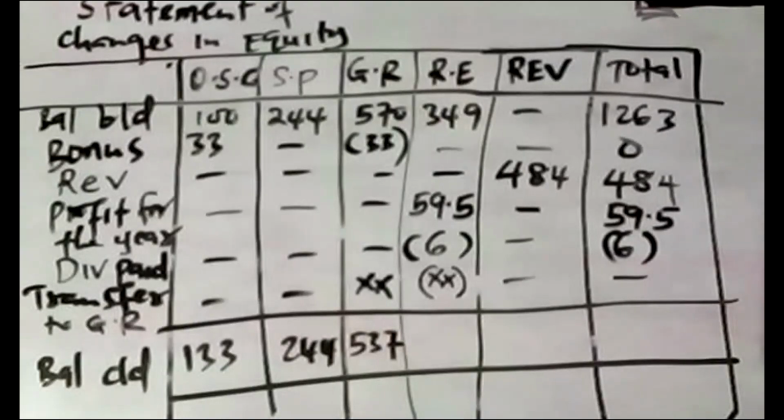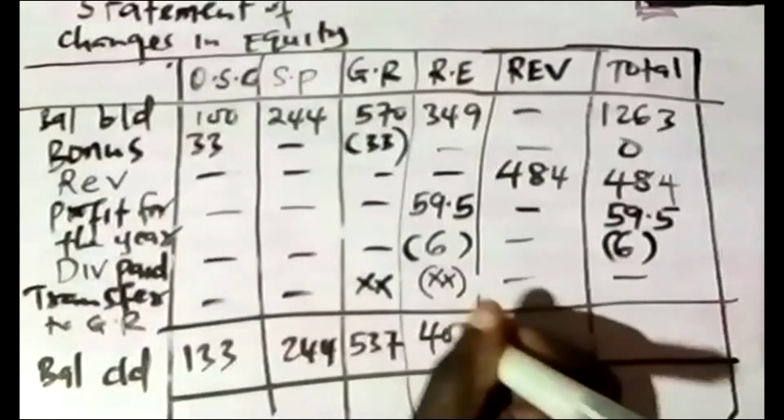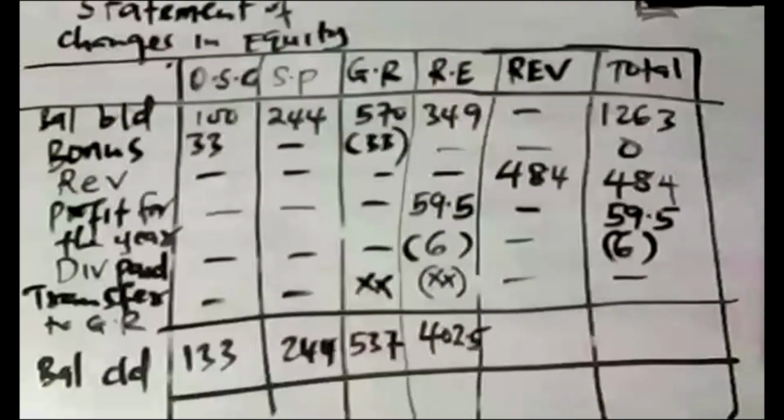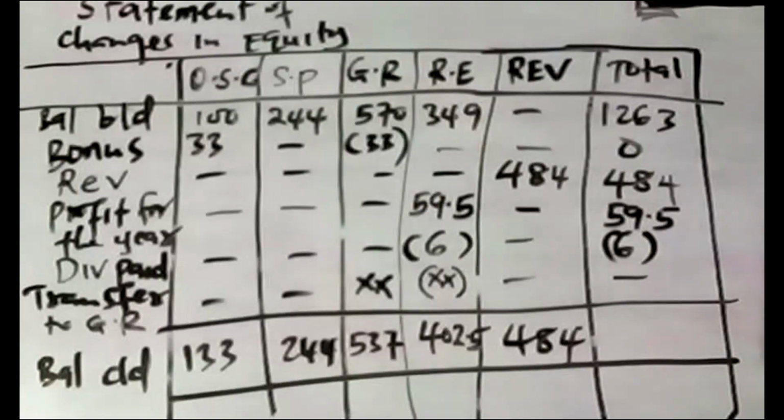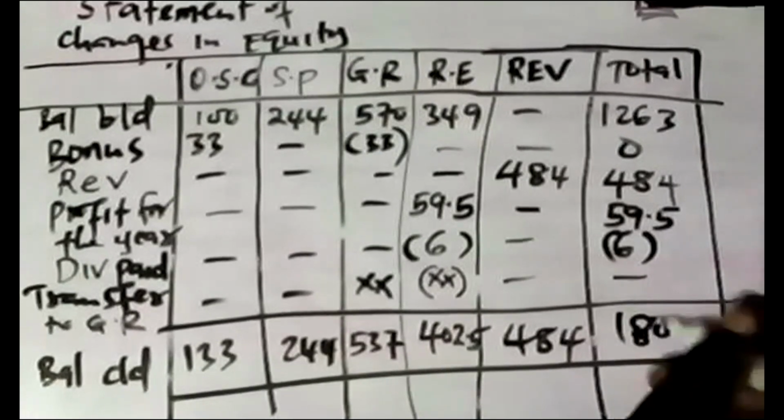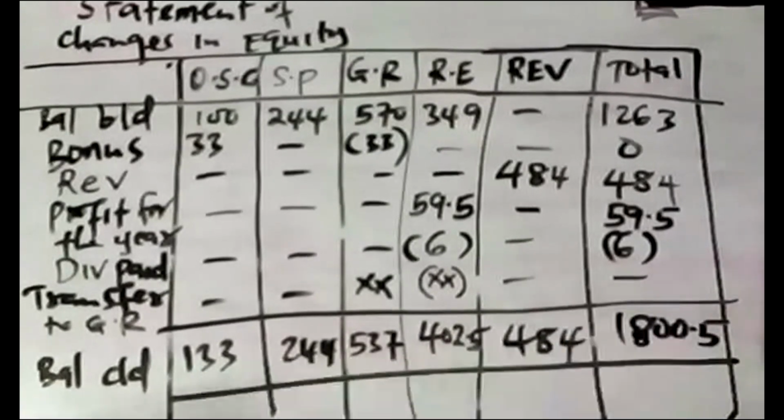The next one, 349 plus 59.5 minus 6, that is 402.5. Then this is 484. Then the last one, 1263 plus 484 plus 59.5 minus 6, that is 1800.5.